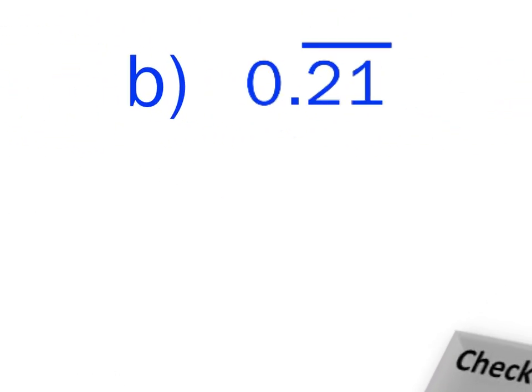Then we have 0.21 repeated. What would that be as a fraction? 21 out of 99. Now, when I think of 21 out of 99, I say to myself, both of these numbers can be divided by 3.